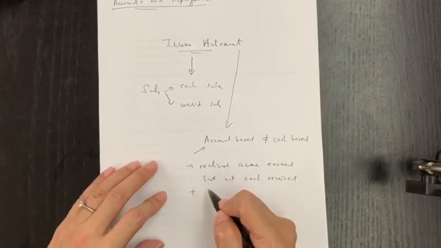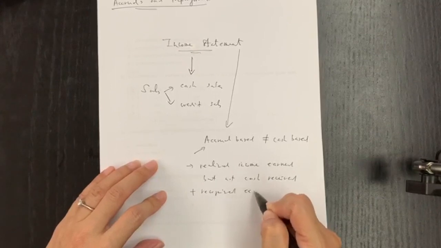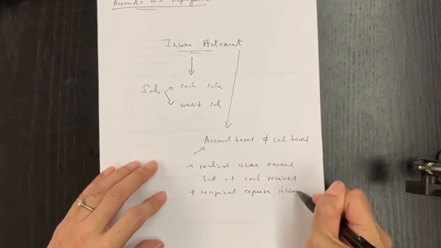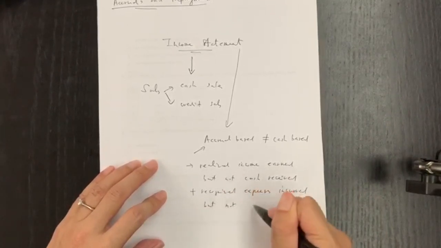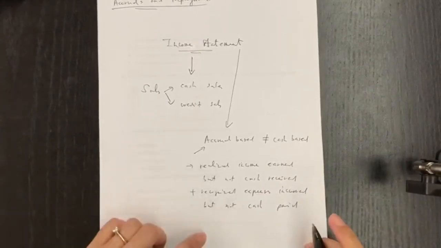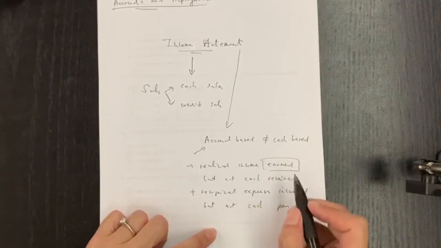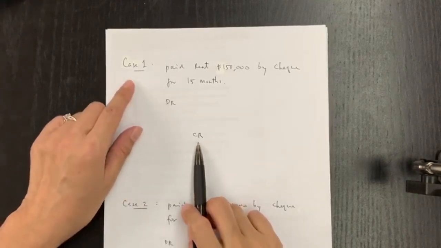And also we recognize expenses incurred but not cash paid. Remember this accrual concept? So the keyword is income earned and expenses incurred, right? Accrual concepts. Okay, next I have two cases for you.